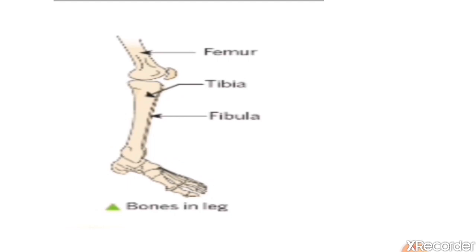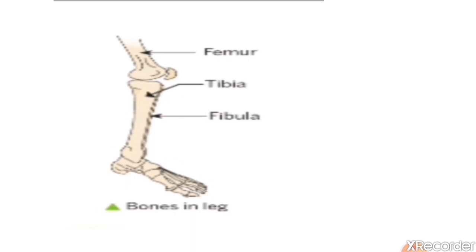Okay, so like bones in arms, the bones in legs also. The upper leg has one long bone that is called femur or thigh bone. And the lower leg has two bones, tibia and fibula. Is it clear, everyone? So the longest bone in our body is femur or thigh bone.